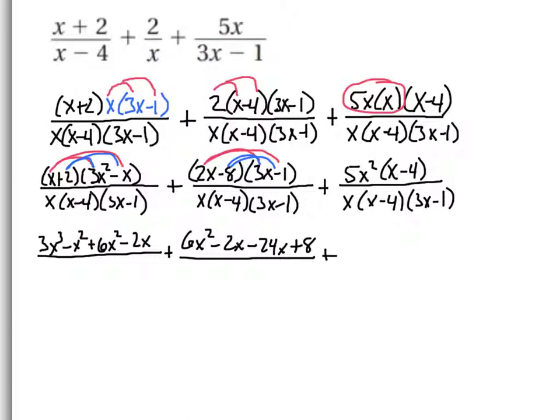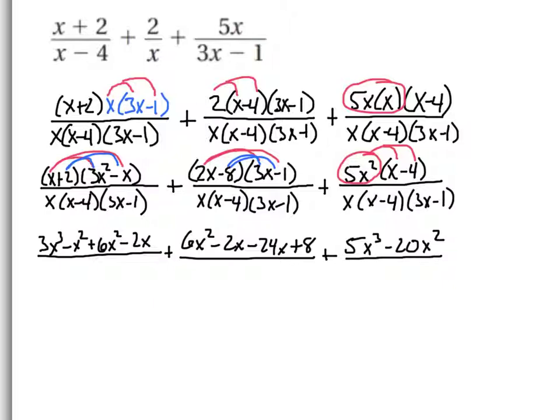And our last one, we need to take this 5x squared and distribute it through our binomial. So that gives us 5x cubed minus 20x squared.